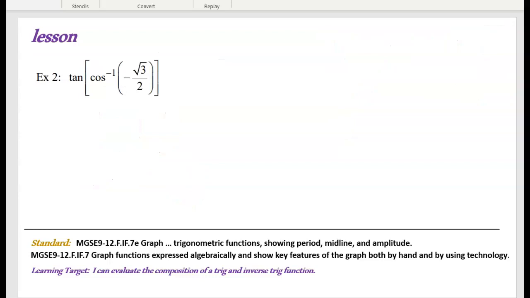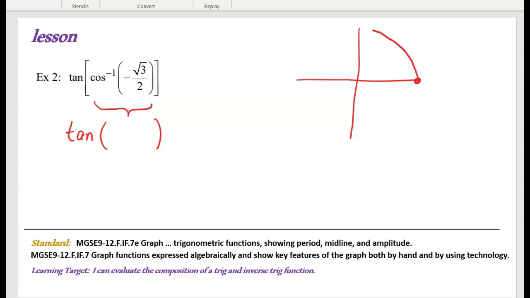Okay, so example 2 is tangent of cosine inverse of negative root 3 over 2. So the first thing we have to do is find cosine inverse of negative root 3 over 2. Remember, cosine inverse output lives between 0 and pi.